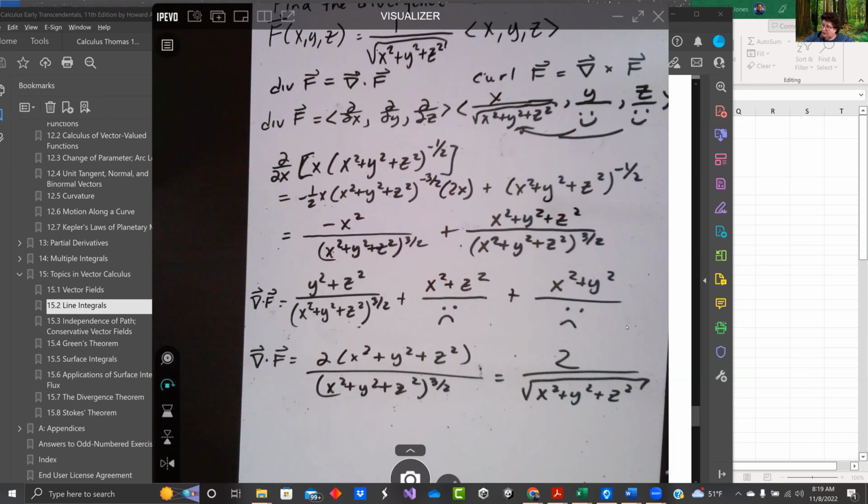This problem became a lot longer than I thought it was going to be. One heck of a warm-up problem, right? It didn't look that hard in the book. Nice little, "sure, here, do this."